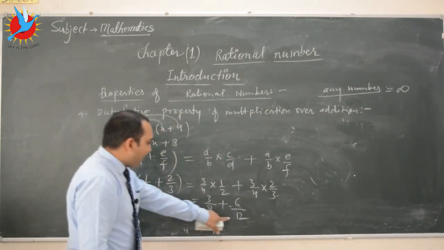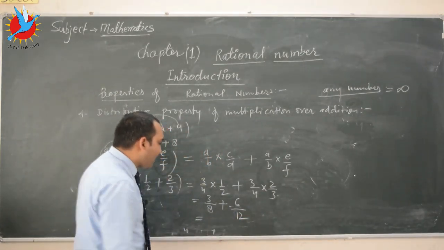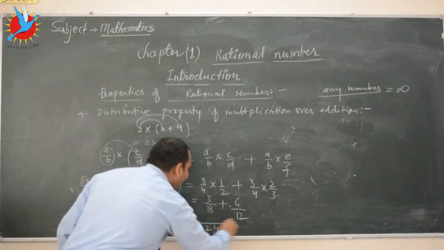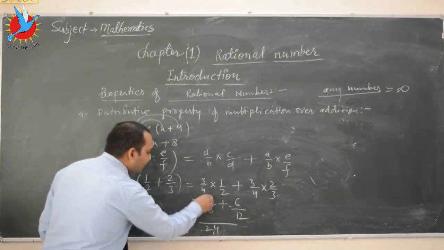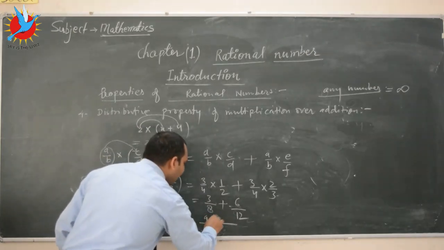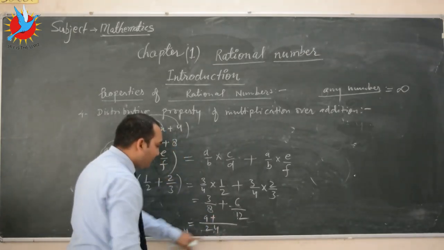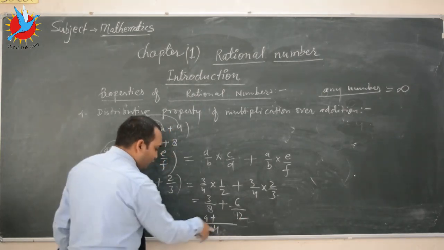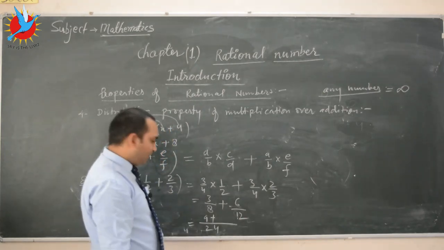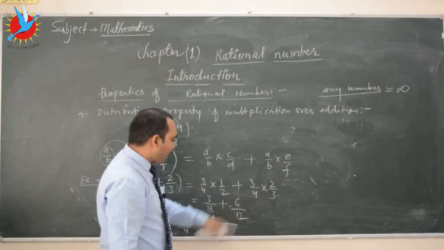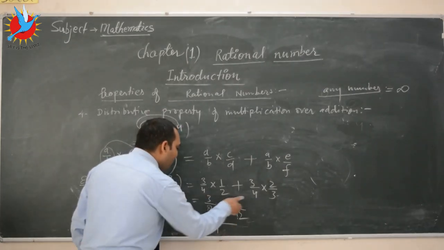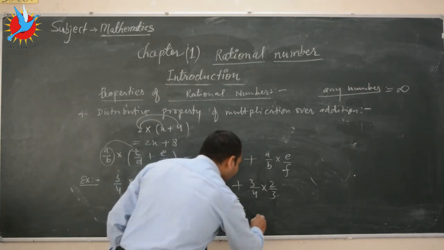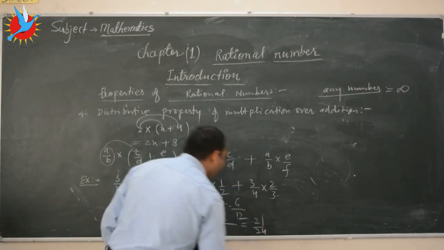So we take the LCM of 8 and 12, which is 24. LCM is 24, 8 3s are 24 and 3 3s are 9, plus 12 2s are 24. The LCM is divided by this denominator, so 24 divided by 12, the result is 2, and we multiply with 6. 2 6s are 12, so 9 plus 12, that is 21 upon 24.